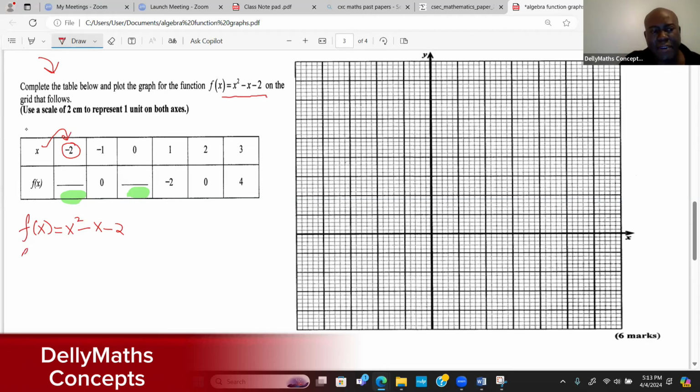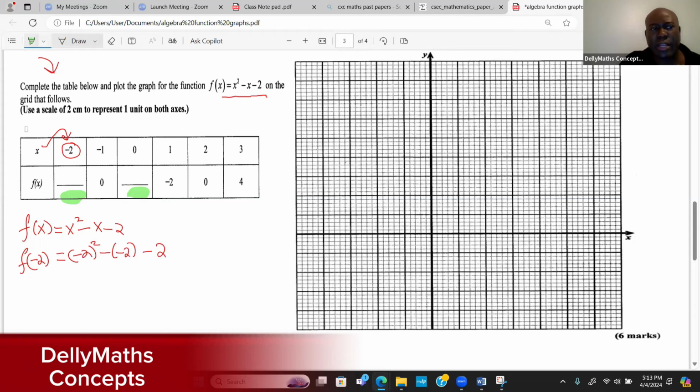So technically, I'm finding f of negative 2. What that means is that negative 2 will go where x is in the f function. So it's going to be negative 2, then I'm going to square it. Then I'm going to write that negative sign, and then substitute x as negative 2, as you could see. Then take away 2.